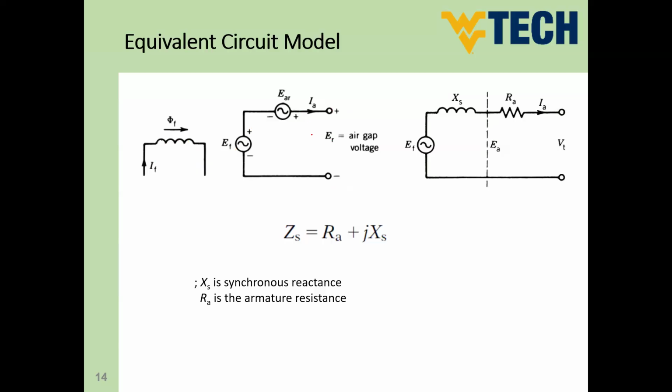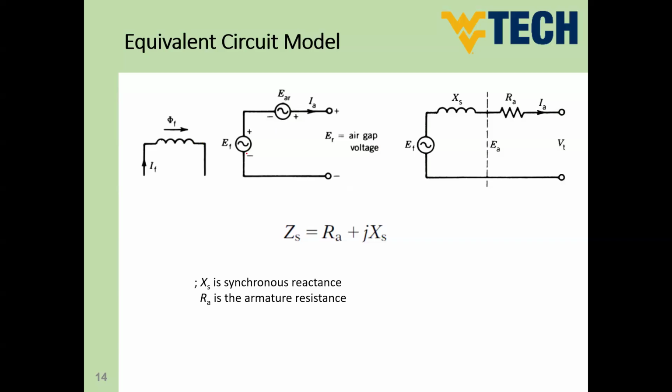Now we have also what's called armature reaction. If you remember, guys, in the DC machine we discussed the meaning of the armature reaction. So you have already the field winding. The field winding is going to produce induced voltage on the armature.